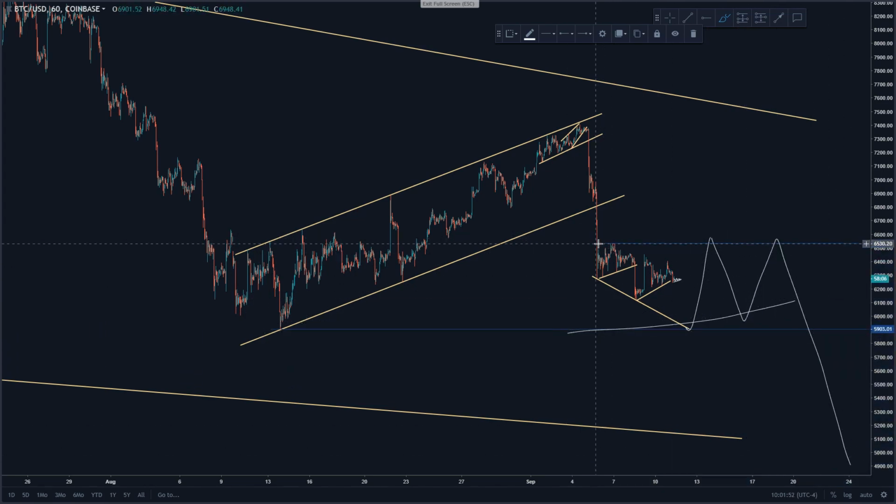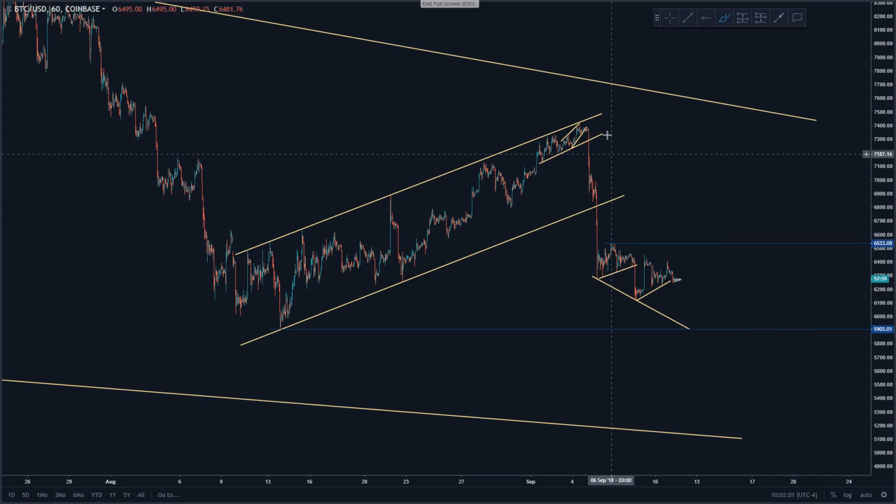All that would give us is a pattern that would just be part of a bigger continuation to then sell. The reason we're looking at that is based on where we came from: heavy momentum to the downside. We're looking for continuation. On the daily chart, it's very clear, just continuation to the downside.